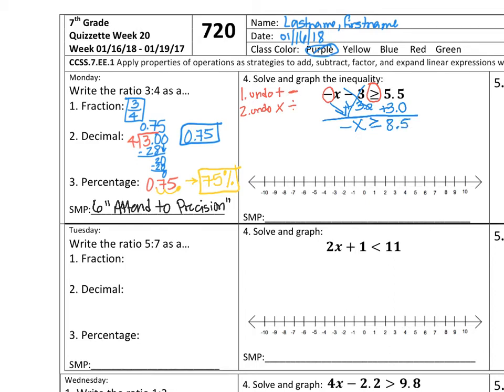Now, this negative x really is a negative 1 times x. So I'm going to undo that multiplication by dividing both sides by the same coefficient, which is just negative 1. Negative 1 divided by negative 1 is just a positive 1, but I'm just going to write x. Ooh, I divided by a negative number, so this inequality has to flip.